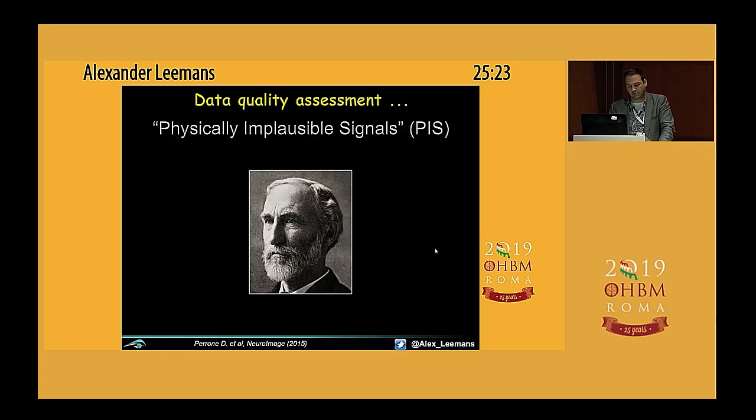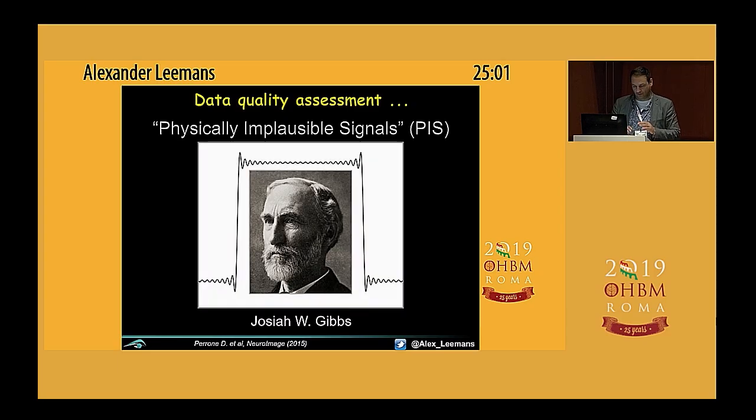Well, the artifact is named after this guy. Does anybody know who he is? No? Well, it's an old guy, as you can see from the picture, and he doesn't live anymore, but his name is Mr. Gibbs. Everybody knows about Gibbs ringing.